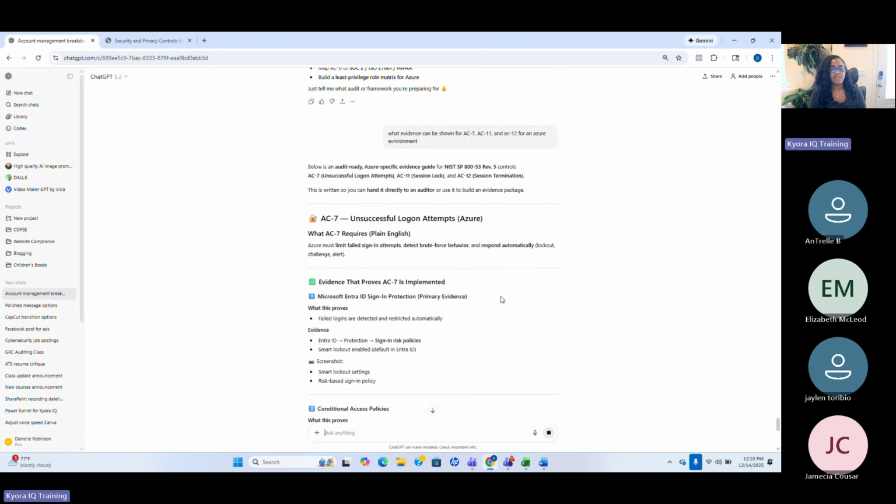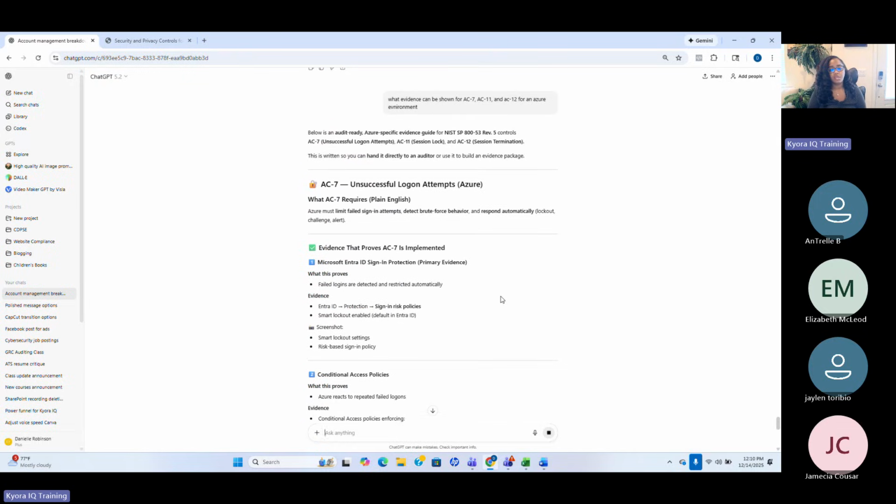Okay, so for AC7, it's unsuccessful logon attempts, which requires that Azure must align or limit failed sign-in attempts to detect brute force behavior and respond automatically. So there should be a lockout challenge alert, right?